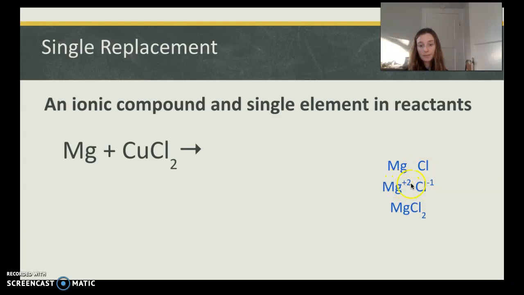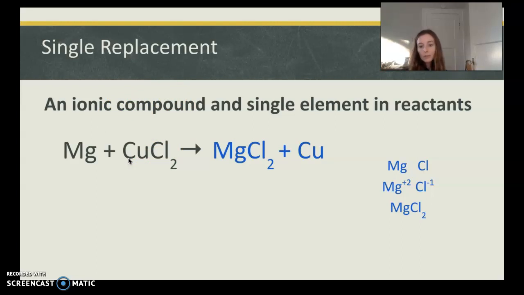So Mg has a +2 charge, Cl has a -1 charge, crisscross the charges, I'm going to need 2 chlorines. So the compound will be MgCl2. And then I still need to account for my copper that was kicked out, that was replaced, and is now by itself.